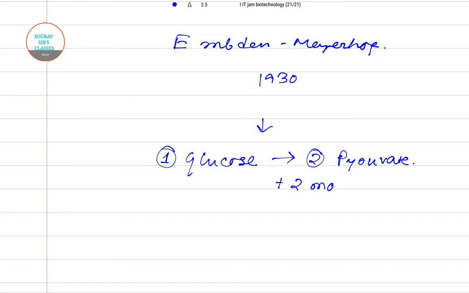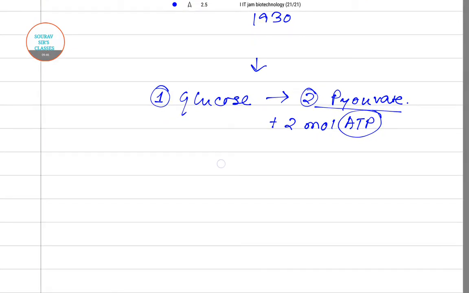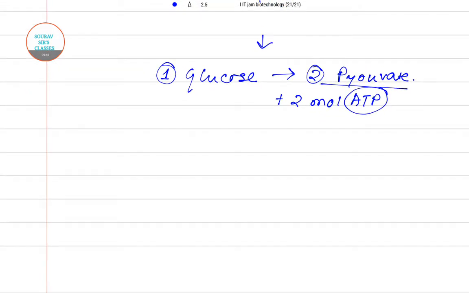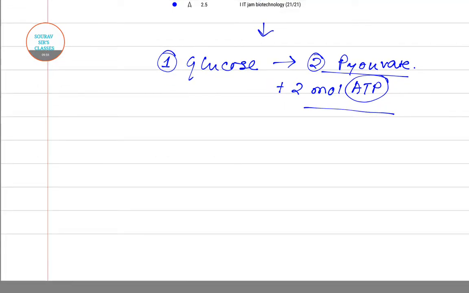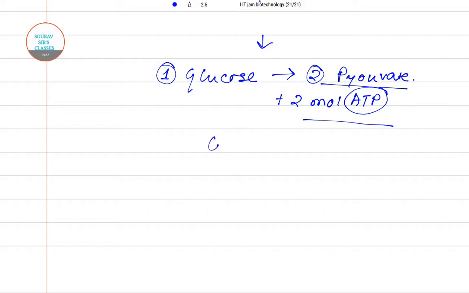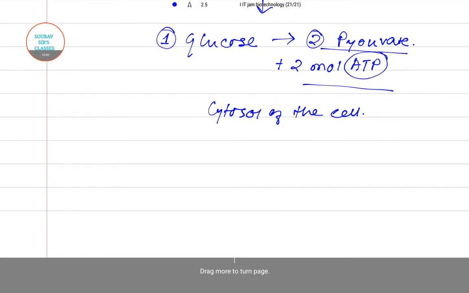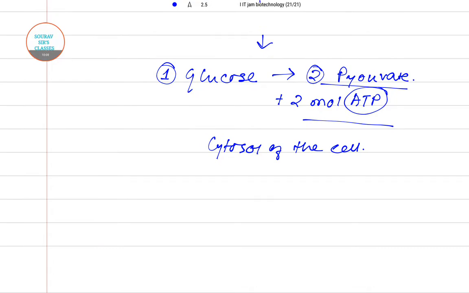It is the major pathway of glucose metabolism that occurs anaerobically, means there is no need of air, and it occurs in the cytosol of the cell. And one more thing about glycolysis, it is a 10-step process.